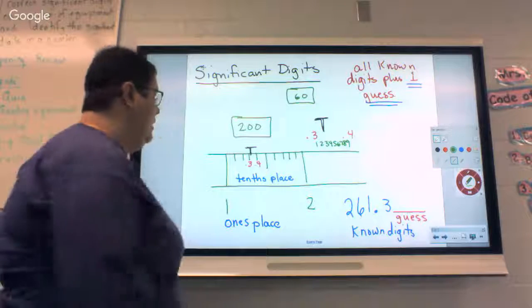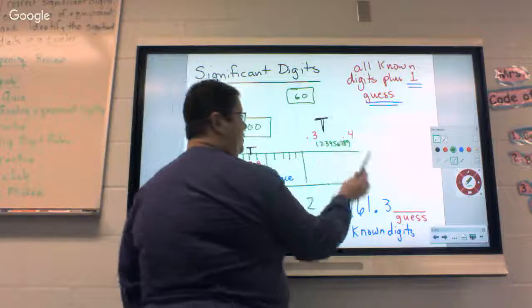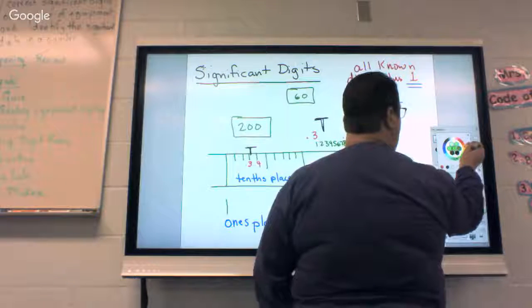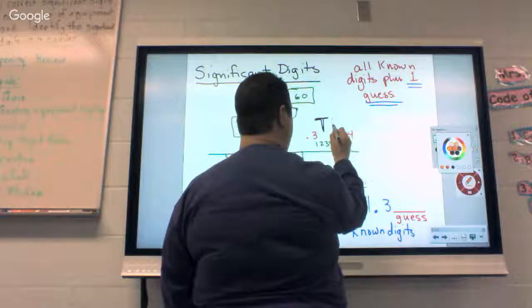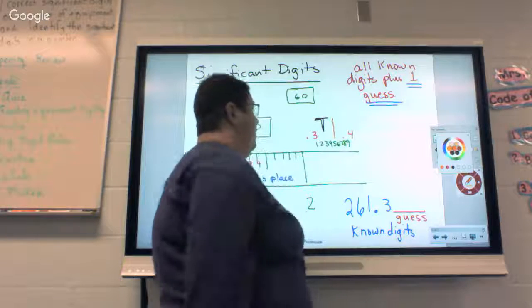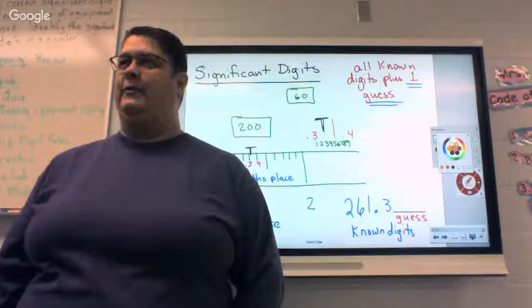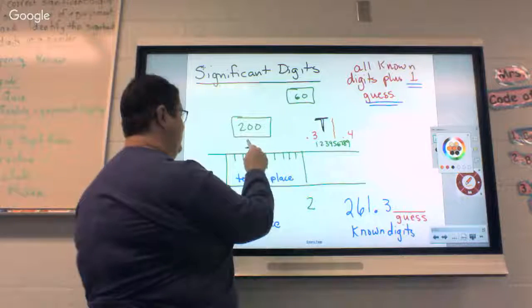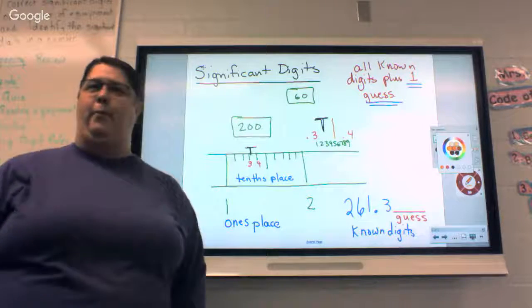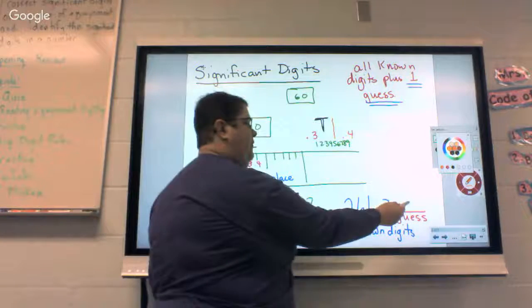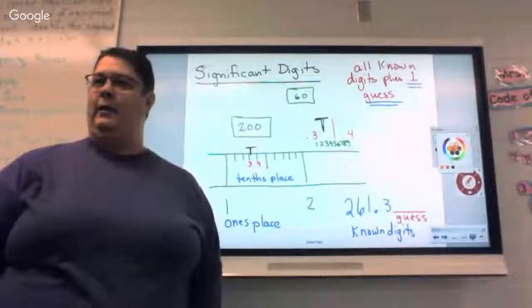If this is at the halfway point between 0.3 and 0.4, you would give it a 5. Is this black line or that arrow at the halfway point? I wouldn't give it a 5 then because it's not halfway.